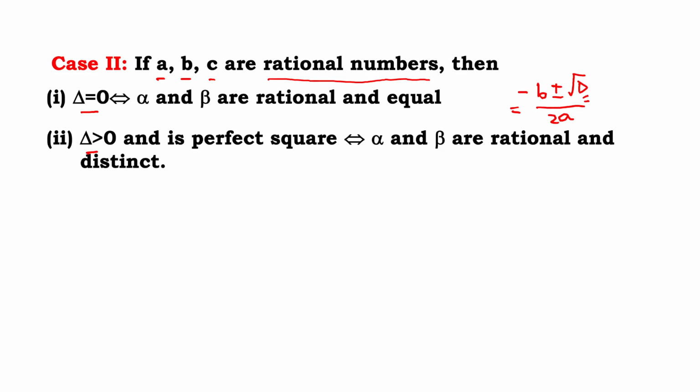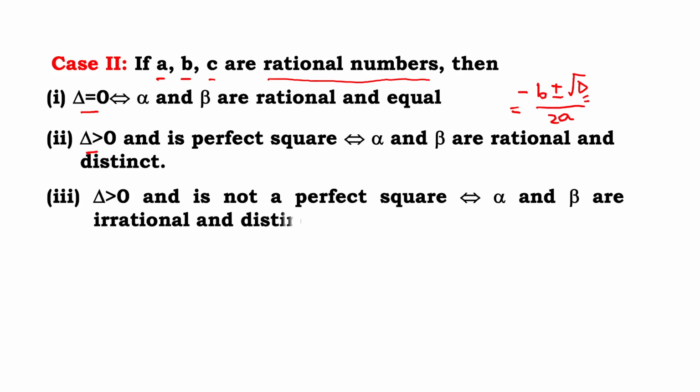But if del is greater than 0 but not a perfect square, this is one of the best cases again. If this is not a perfect square, then 100% alpha and beta are irrational and distinct. Again, the roots will be in conjugate surds, meaning if one root is 2 plus root 3, then the other will be its conjugate, 2 minus under root of 3.